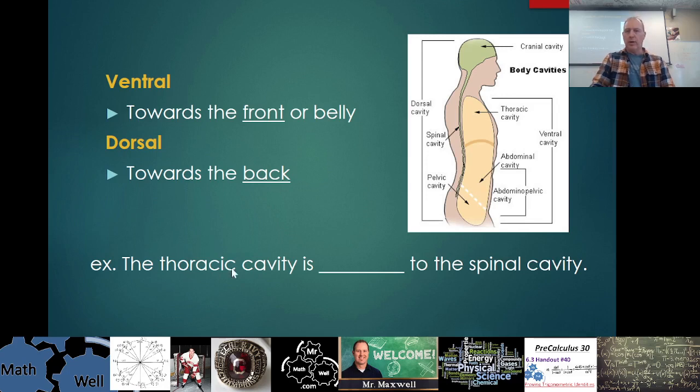Where's the thoracic cavity here? You see it on the diagram? Kind of your chest, where your heart is and up there. So that is what to the spinal cavity? It's ventral. It's towards the front, closer to the front.